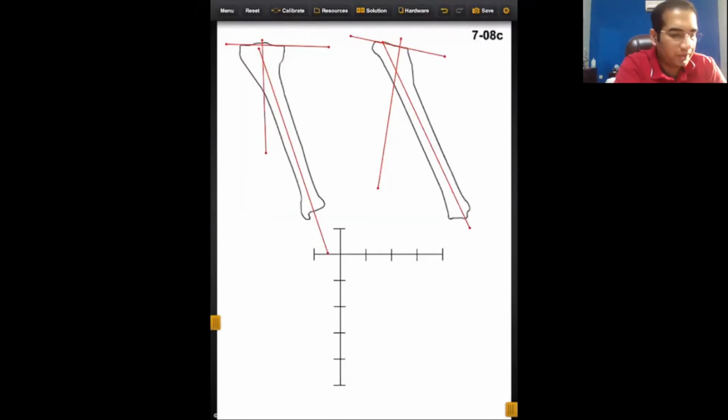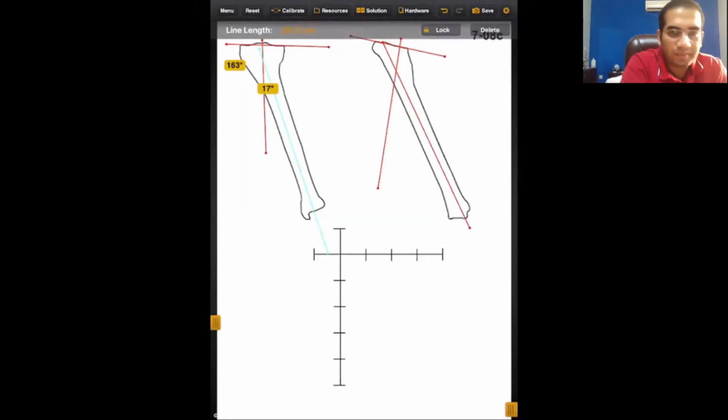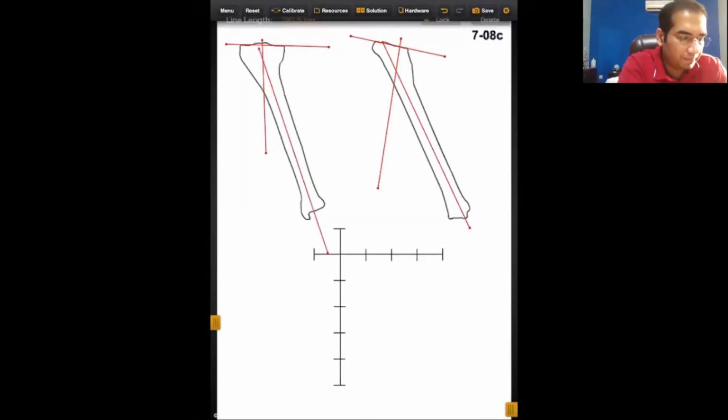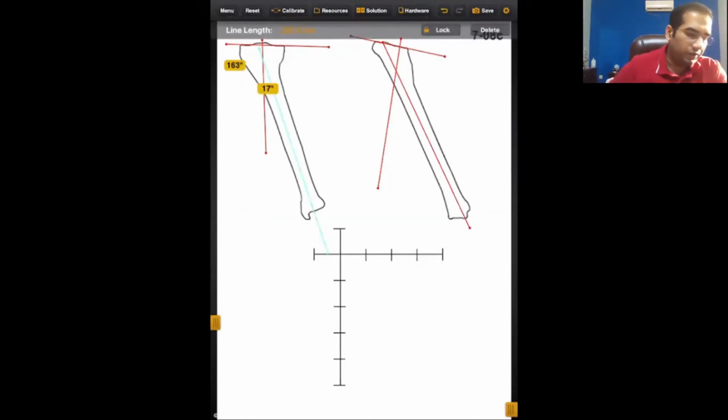Okay, so it is 17 degrees of valgus in the frontal plane and 35 degrees of recurvatum. Okay, so in this graph they've marked the graph in the posterior direction.